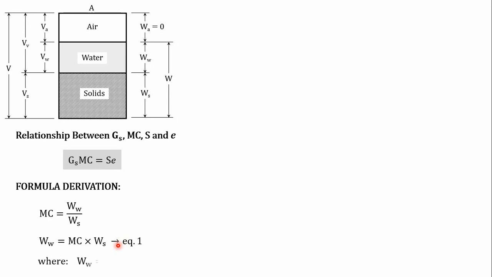Next. Where weight sa water is equal to unit weight sa water times volume of water. So, unit weight formula lang siya. Ito siya galing, no? So, unit weight of water is equal to weight of water divided by the volume of water.